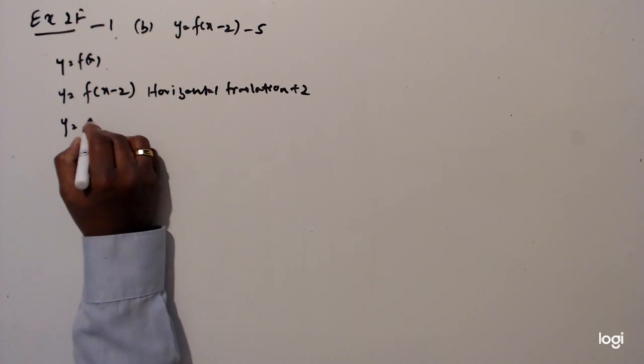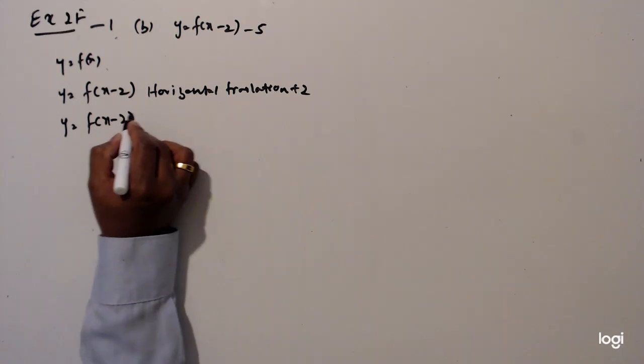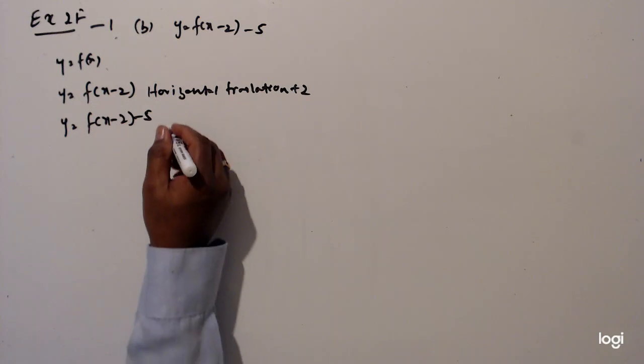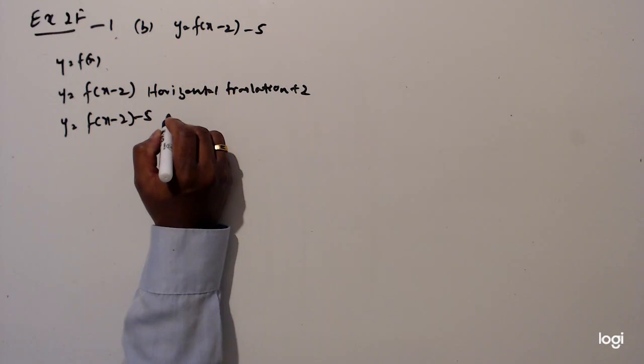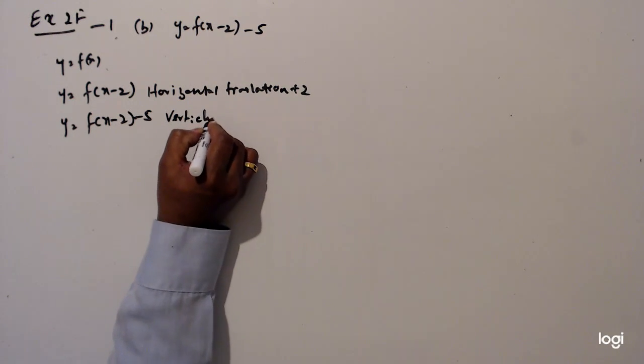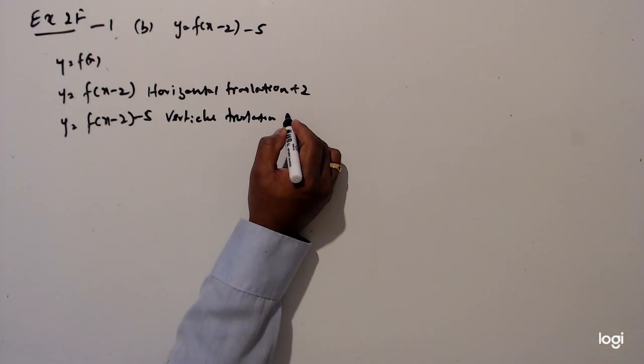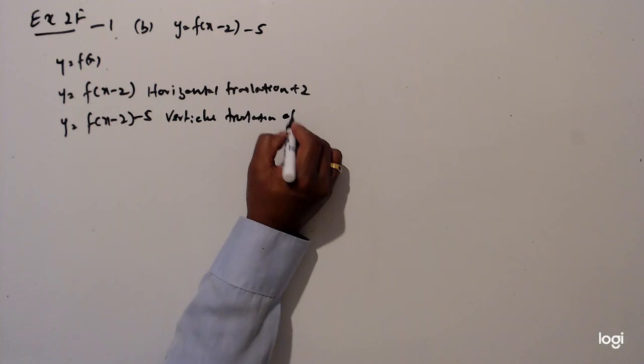And then y equal f(x minus 2) minus 5. So vertically we want to drag down. So this is a vertical translation of -5.